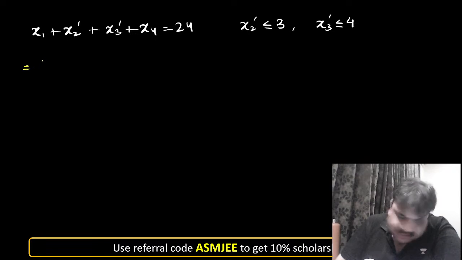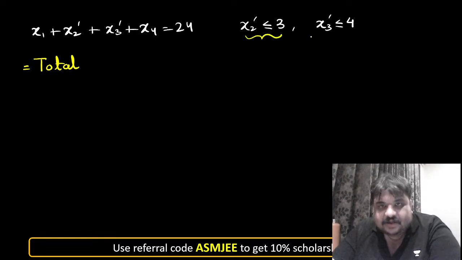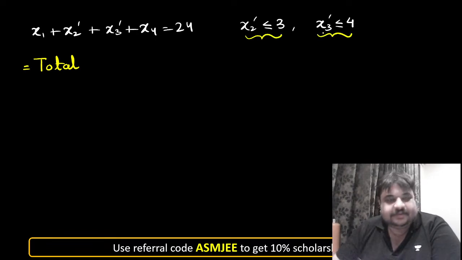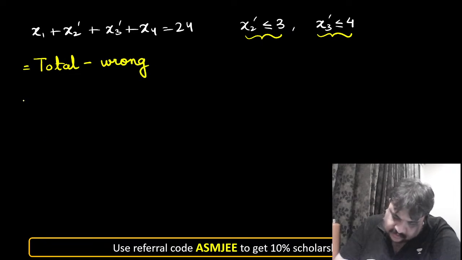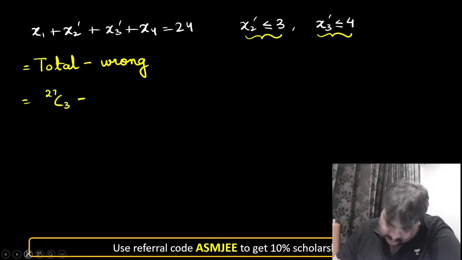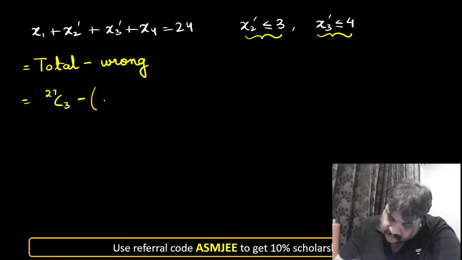So we can solve it by total minus wrong. Whenever there is an upper limit in number of solutions method, you always use total minus wrong. Now what is total? Total is 27C3. What is wrong? Wrong means these cases.